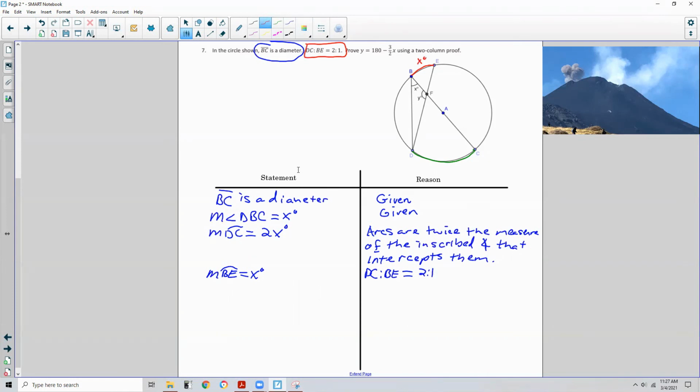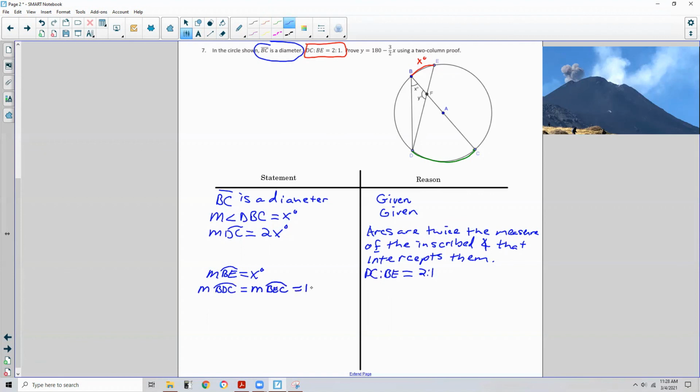All right. So then once I say that, I say the measure of arc BDC equals, so BDC is this semicircle, 180 degrees. Well, BDC equals BEC, because it's a semicircle, so that's equal to the other side, the measure of arc BEC.